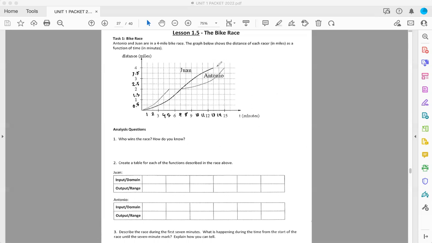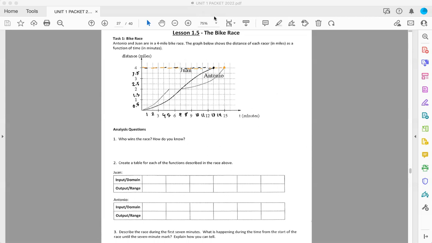If we look at the end of these graphs, you will see that Juan ends up here. This is Juan's graph, and that's on the 4-mile mark in terms of the y value, right? And similarly, Antonio ends at the same y value, at the same height, which is also the 4-mile mark. So both of these individuals finished the 4-mile race.